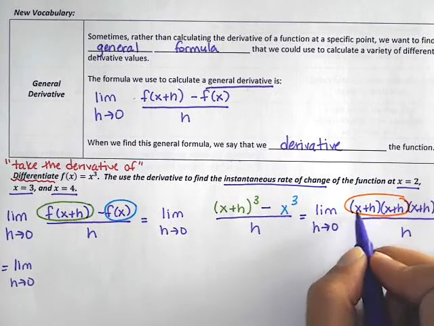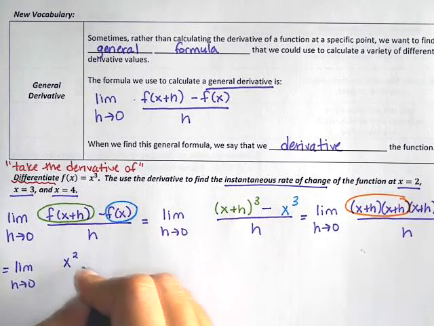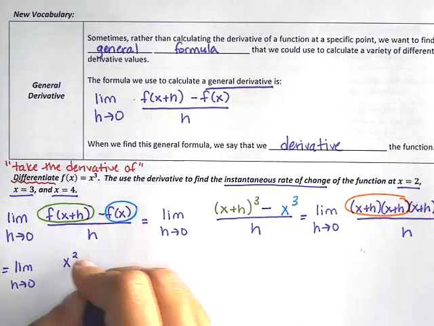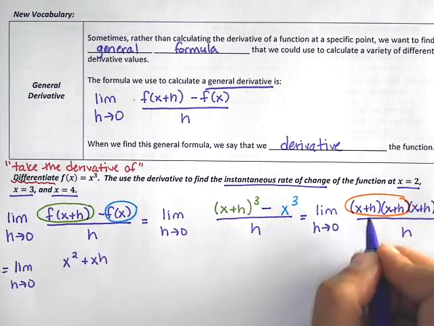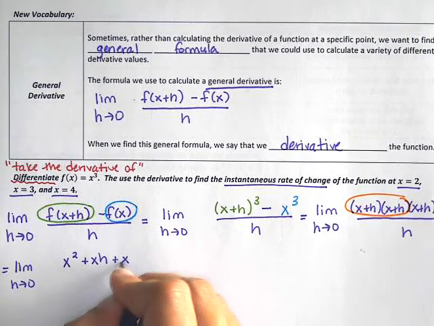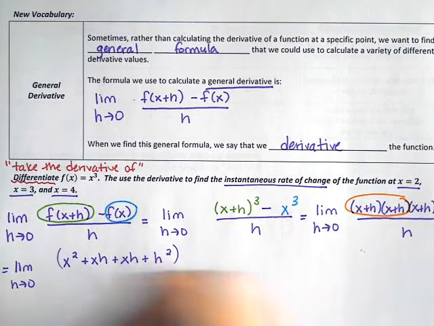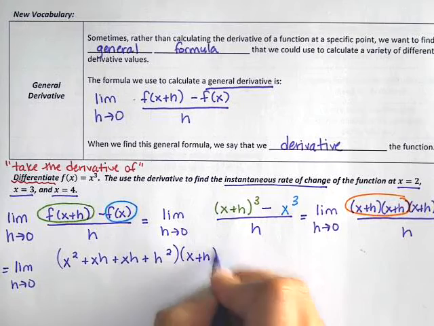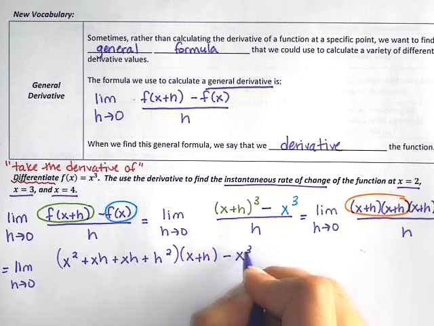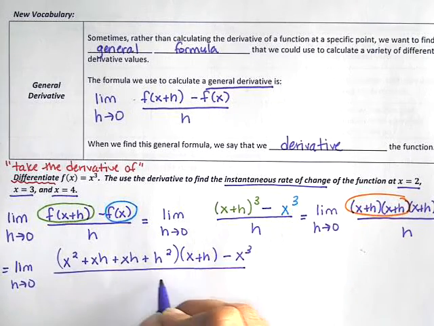When I FOIL, I get x squared plus x times h plus h times x, which is the same thing, plus h squared. And that whole thing still needs to be multiplied by x plus h, minus x cubed all over h.